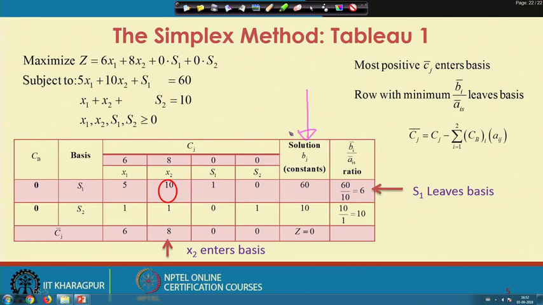This column is for the solution or the right hand side vector. So, 60 and 10. This column is for the ratio.